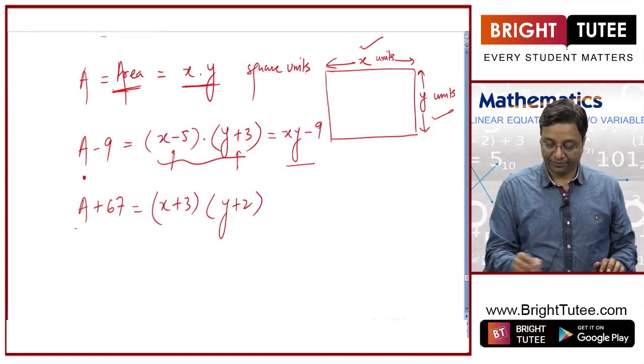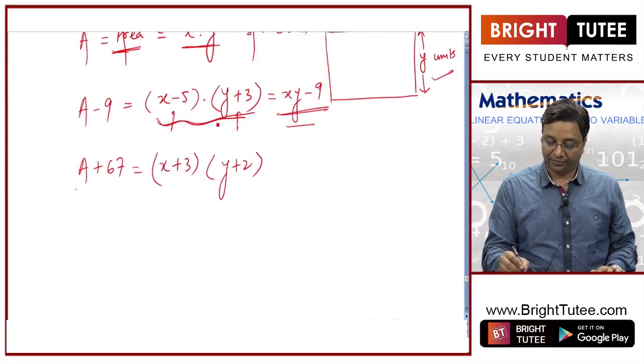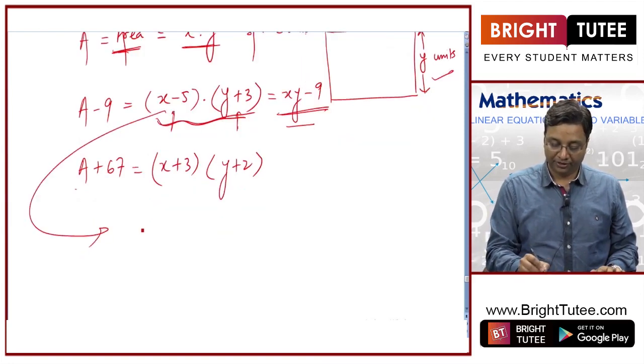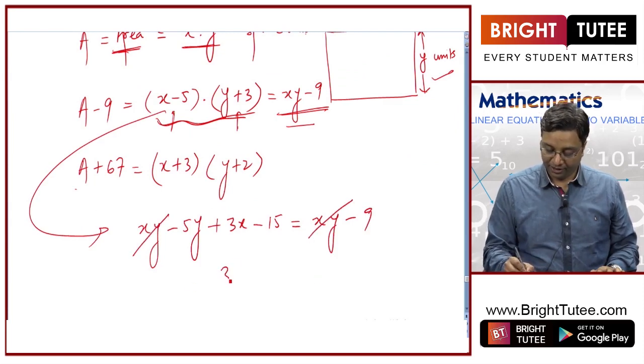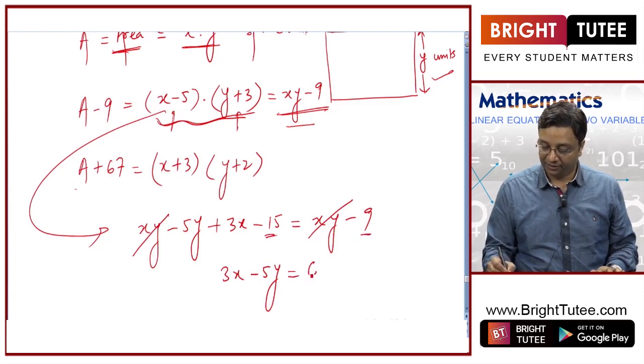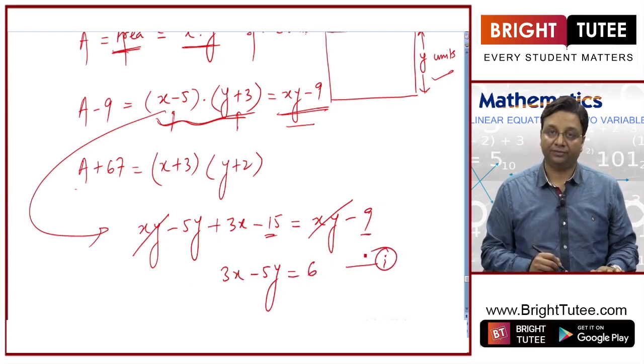What will this give me? This is xy minus 9 and this is the new area. So this equation will give me xy minus 5y plus 3x minus 15 equals xy minus 9. So xy will get cancelled. 3x minus 5y is equal to 15 minus 9, that is 6, is my first equation.